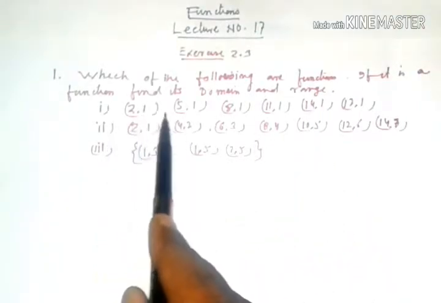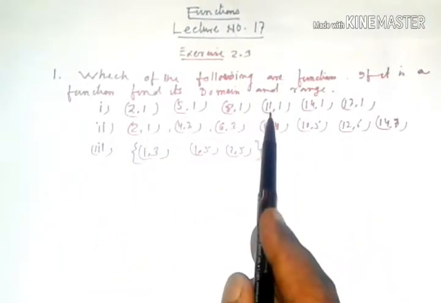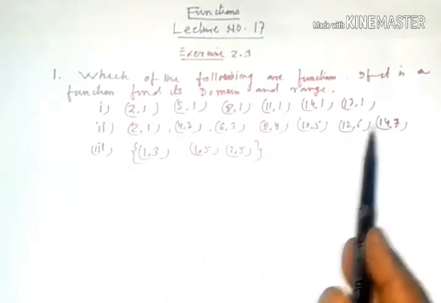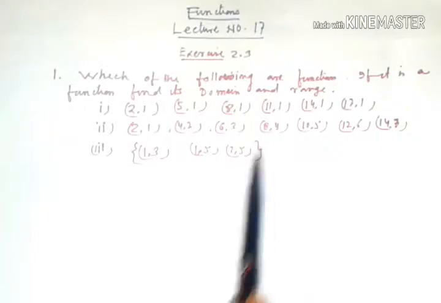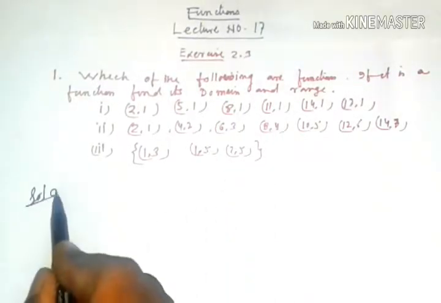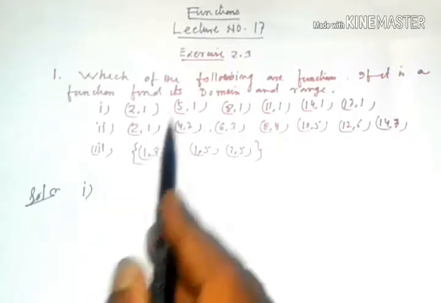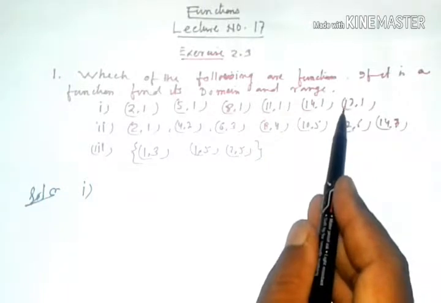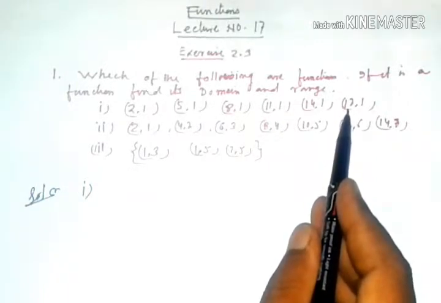First question is 2, 1, 5, 1, 8, 1, 11, 1, 14, 1, 17, 1. Second, and third. We should first check whether question number 1 is a function or not.